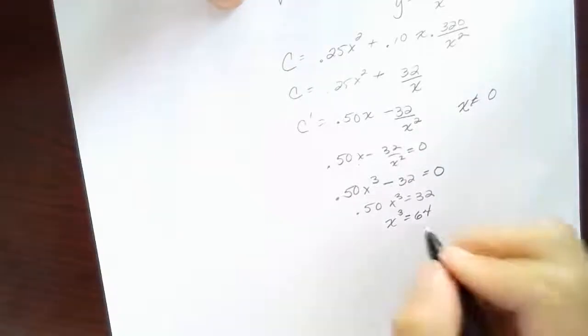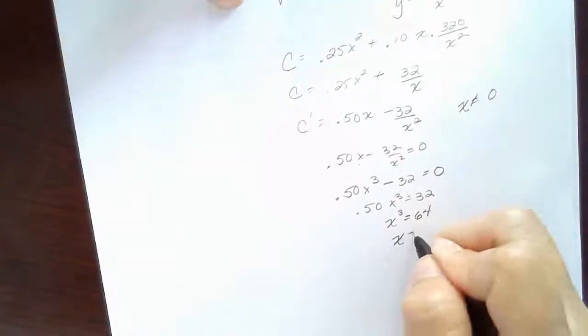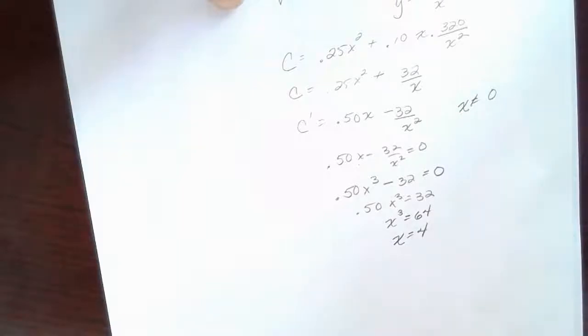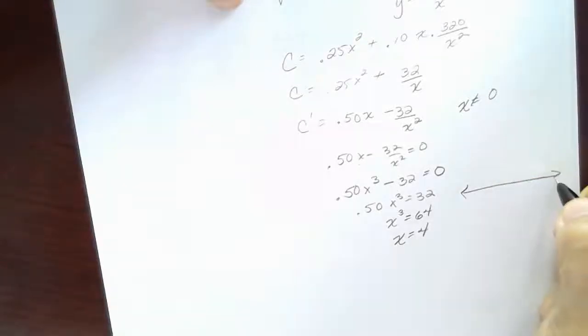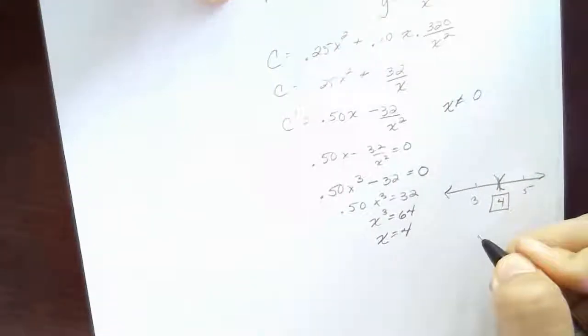If we take the cube root of both sides, cube root of 64 is 4. So we're thinking this is probably going to be a 4 by 4 base. Let's go ahead and check to see if that's a local max or min value. We'll use 3 and 5 in our first derivative as test values.